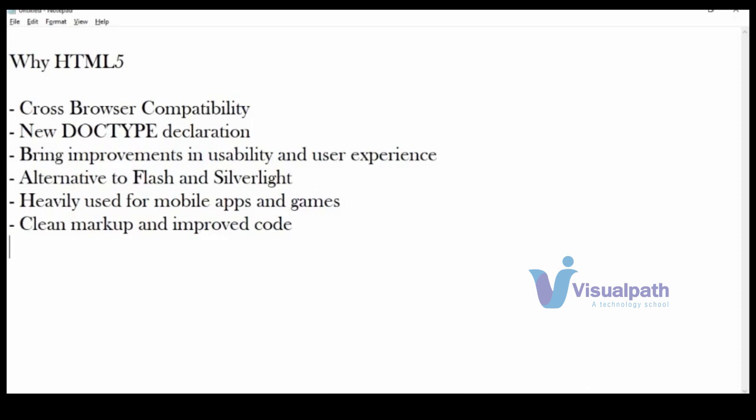HTML5 allows the web developer and web designer to use neat code, remove div tags and replace all the div tags with the new HTML5 elements. Okay, it has been very neat coding nowadays because with the help of HTML5, new elements have also come, so the older ones have been replaced with the new ones.